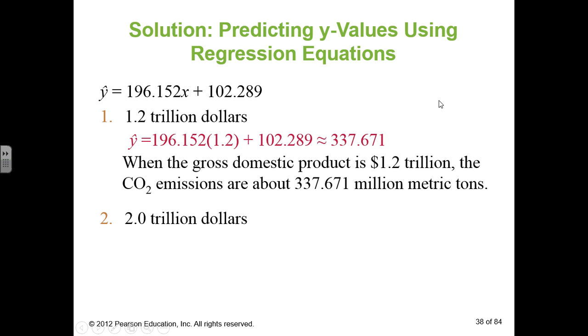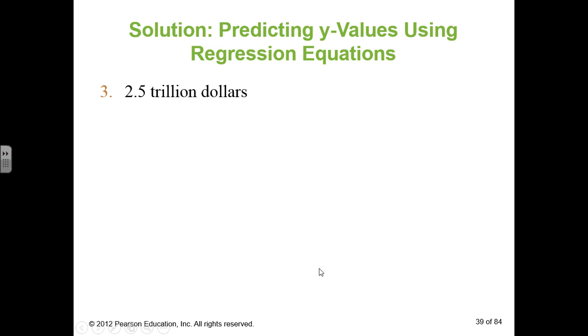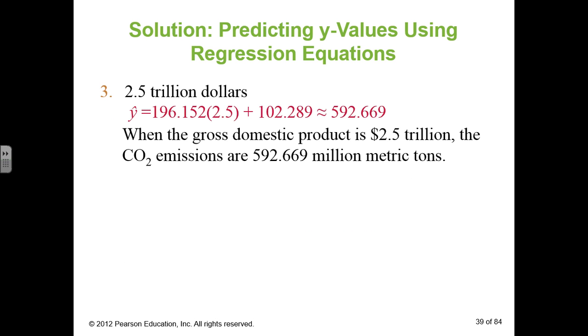We expect the emissions to be around 337.671 for $2.0 trillion GDP. We predict that the CO2 emissions are about 494.593 million metric tons. And for 2.5, we have a prediction also.